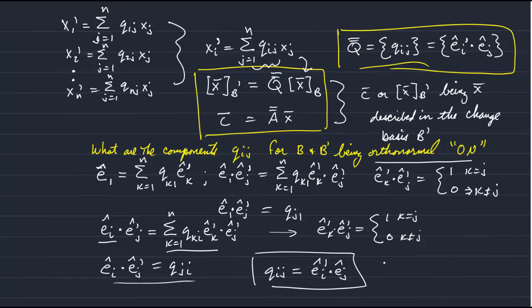And so again, with Q having components Qij, each of those components is the dot product of these particular base vectors.